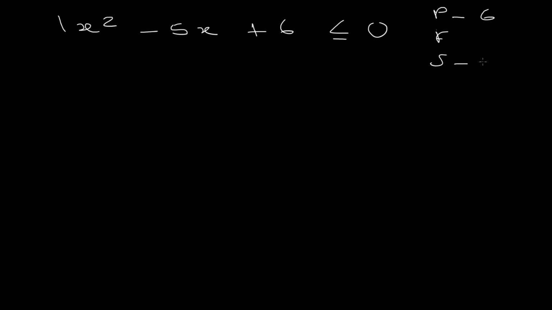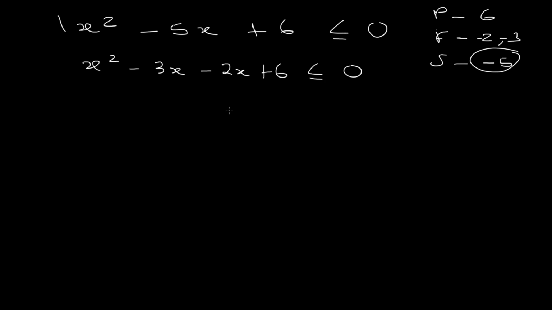What is our sum? Our sum is minus 5. The factors obviously are 2 and 3, but they have to be negatives in order for us to get minus 5. So this changes to x squared minus 3x minus 2x plus 6 less or equal to 0.